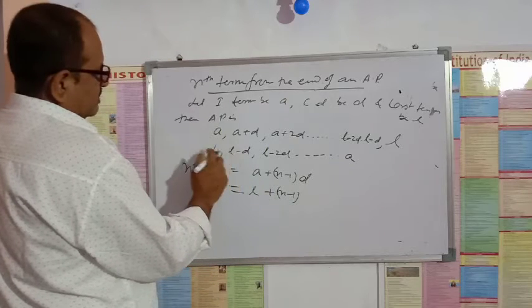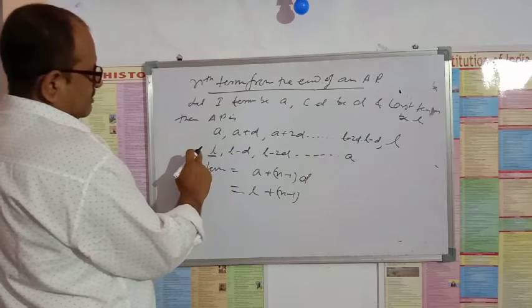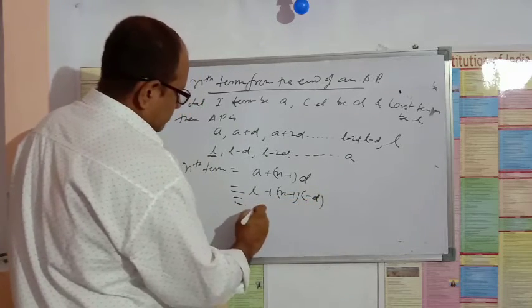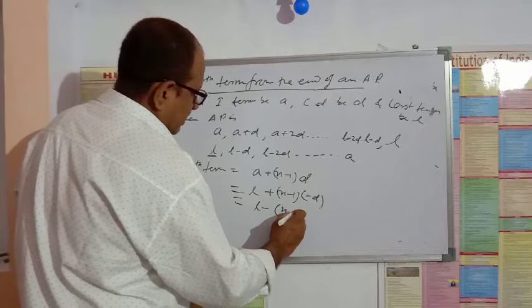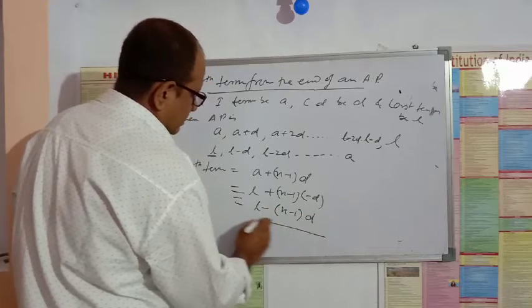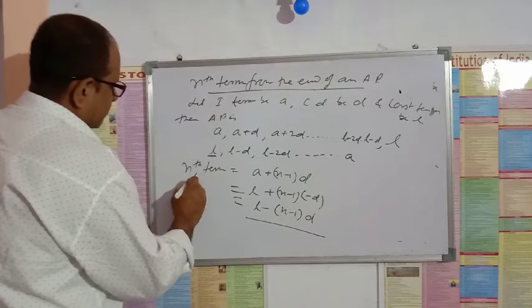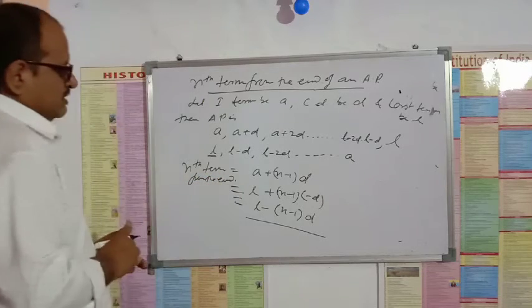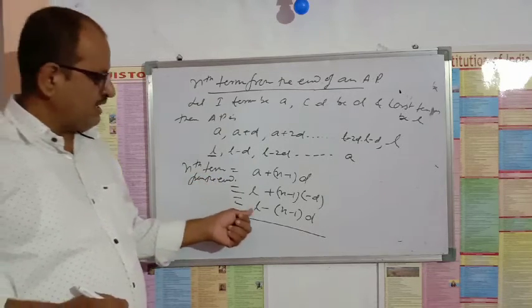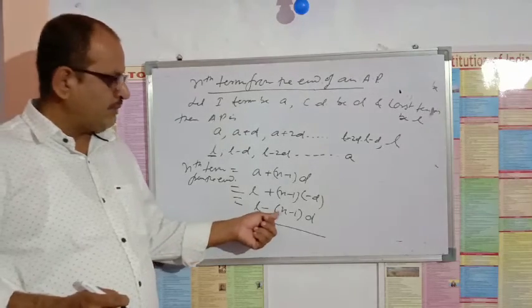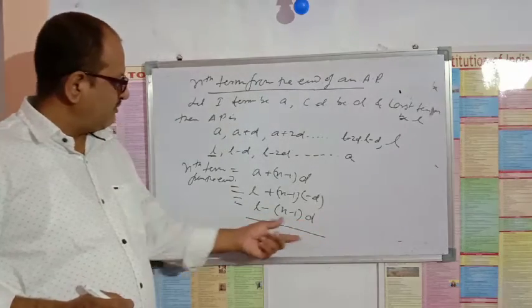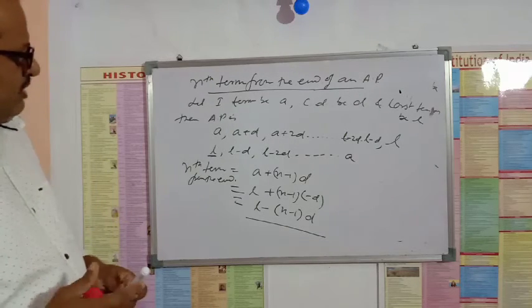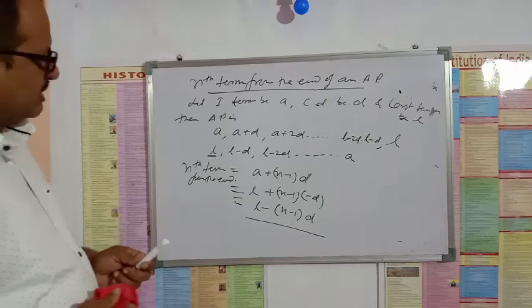The common difference is the second term minus the first term, so it will be minus D. So we can write L minus n minus 1 into D. This is the nth term from the end. This is the formula for the nth term from the end. So if the last term and the number of terms are known, then we can write the nth term from the end.